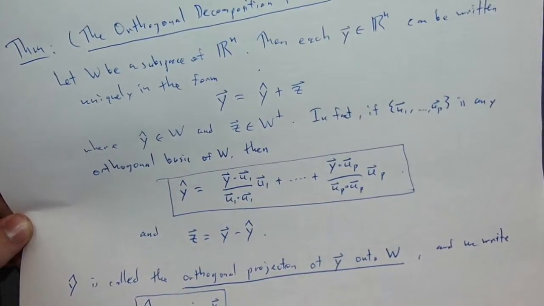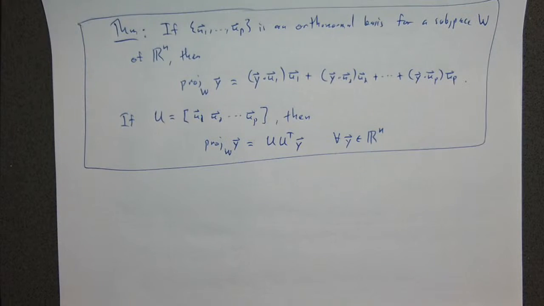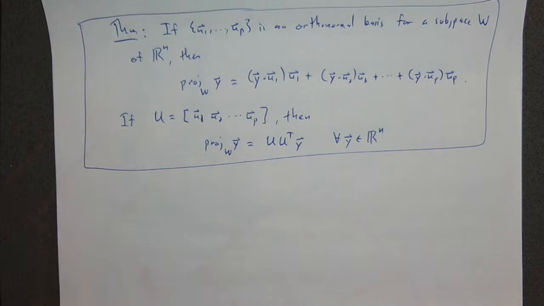This leads to an extremely simple expression for Y hat, which also leads to this very nice way of writing Y hat as well, using an orthogonal matrix. Again, orthogonal in the case that you use a square matrix, but you can do this even if you use not square. Okay. So that's kind of the last thing I wanted to say about that.